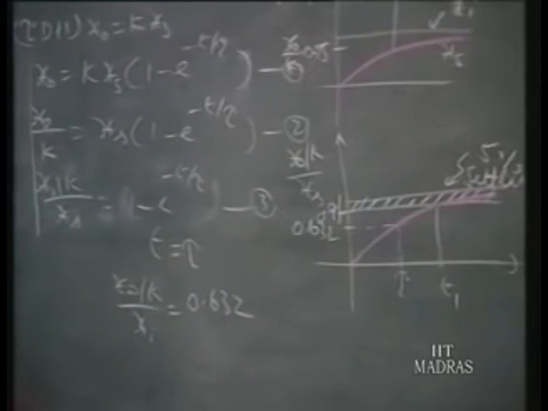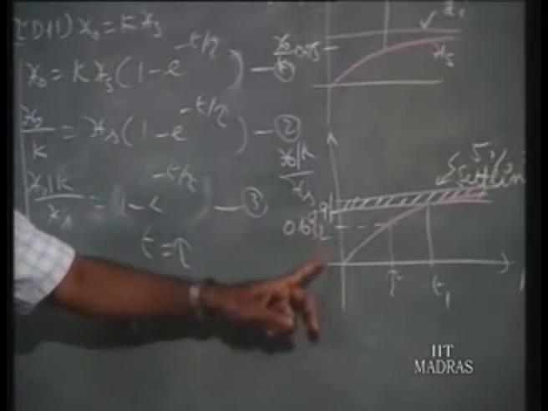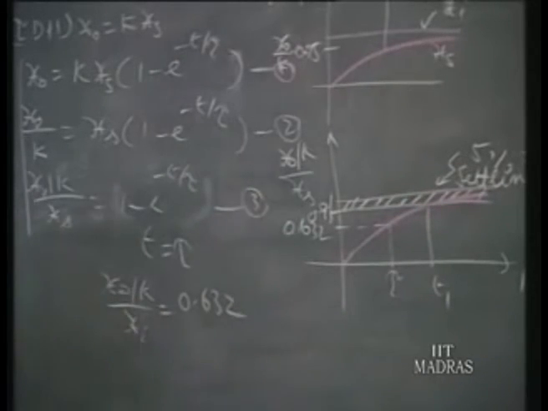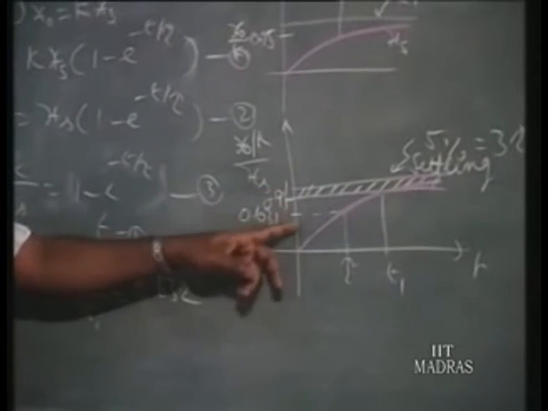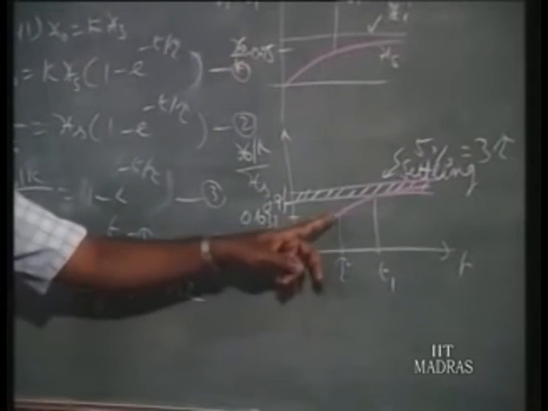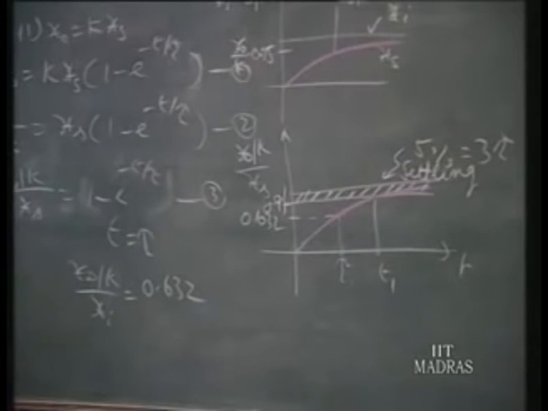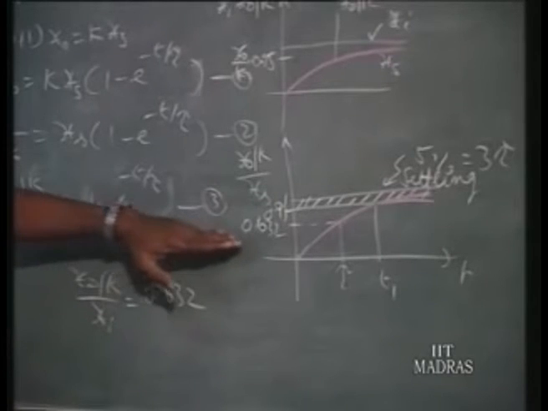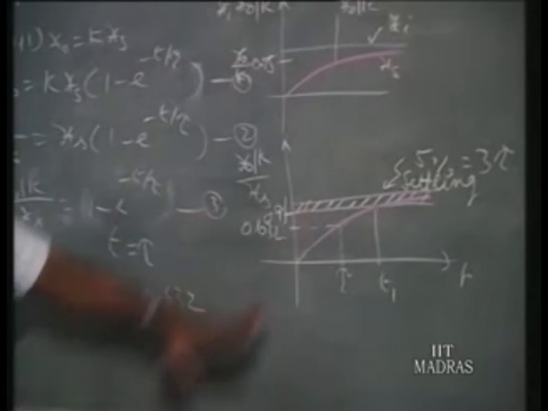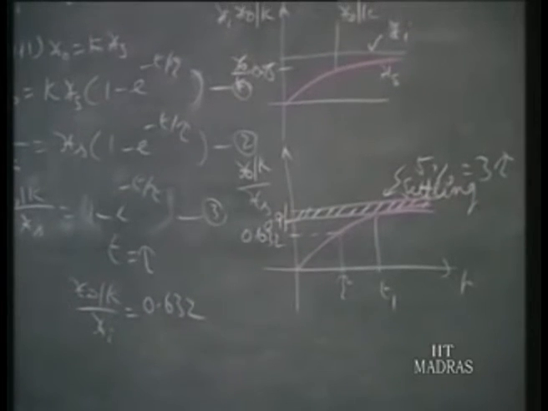By using this property, for any first order instrument we can find the time constant. Plot the output signal with t as the x axis, take 0.632 times the final value, draw a parallel line, and where it meets the curve, that time gives the time constant of the instrument. So to measure the time constant of an unknown instrument, we can conduct the experiment and find it.